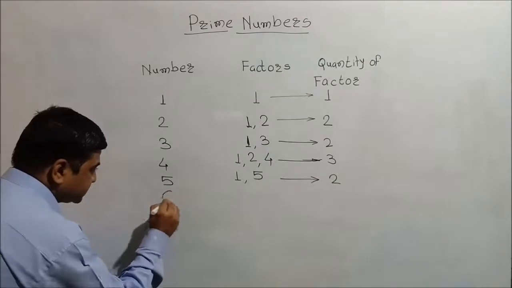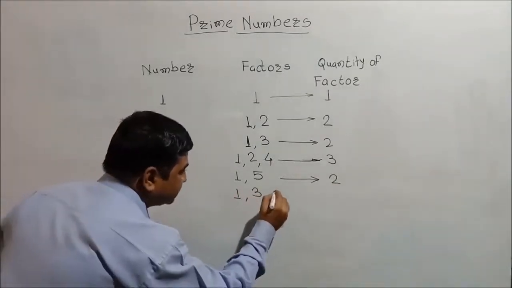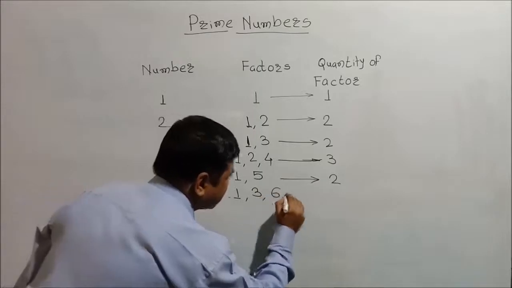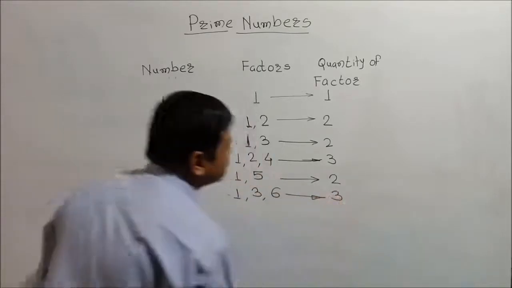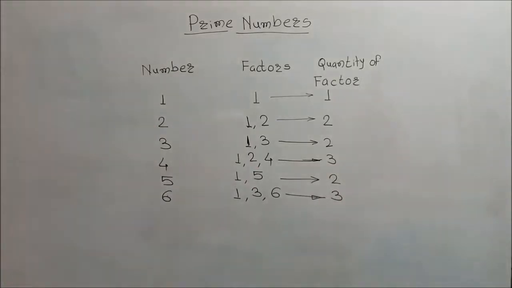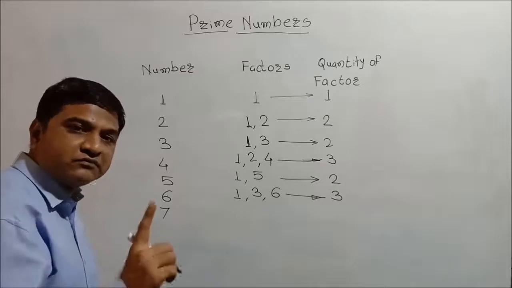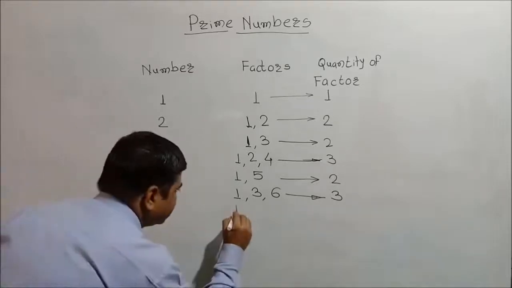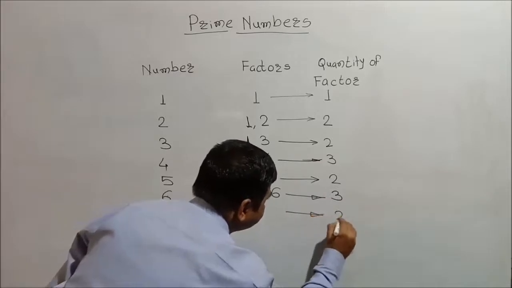What about 6? 6 can be divided by 1, 2, 3, and after 3 we are having 6 as a divisor of 6. So in this case we are having number of factors as 4. 7. Well, 7 can be divided by 1 and 7 itself. So number of factors again we got 2.